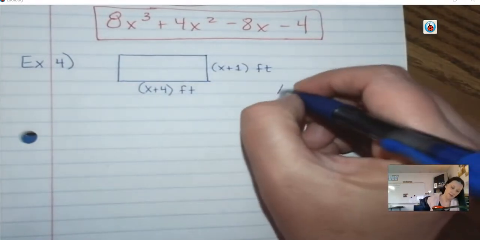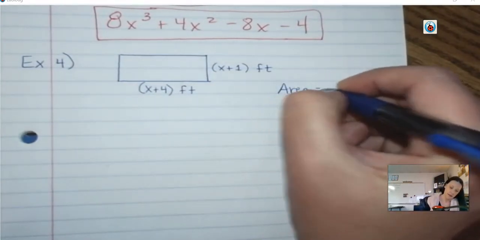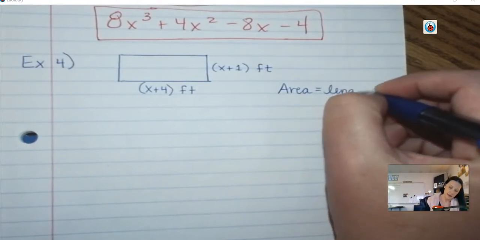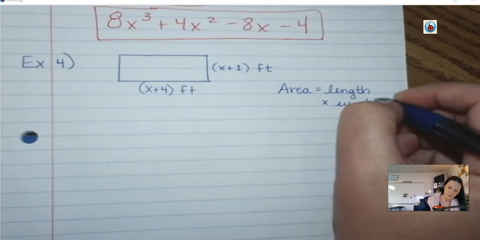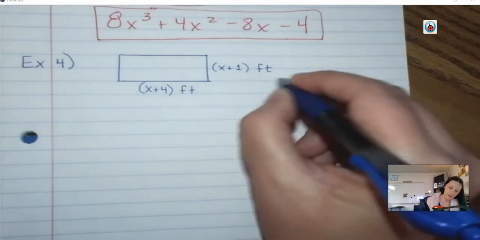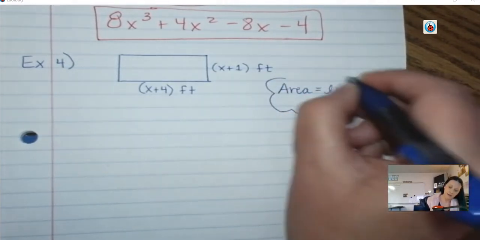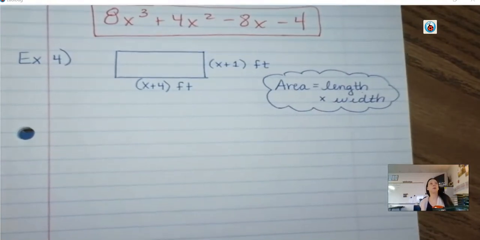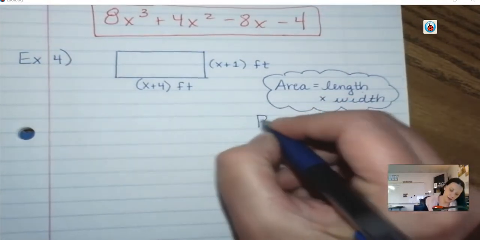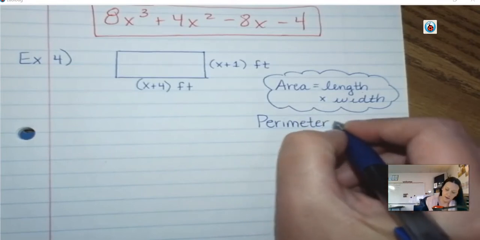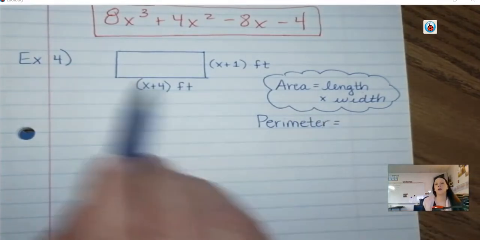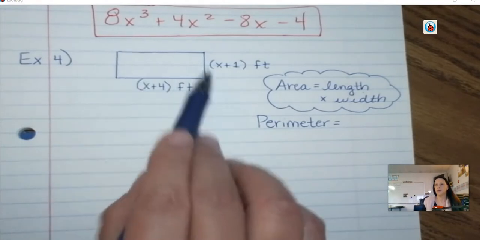Just as a reminder, area is length times width. There are times you're going to get problems that ask for perimeter, so let's write that down as well. This question is not asking about perimeter, but I know it comes up on your test. Area is length times width.